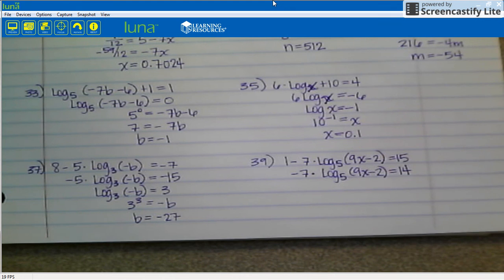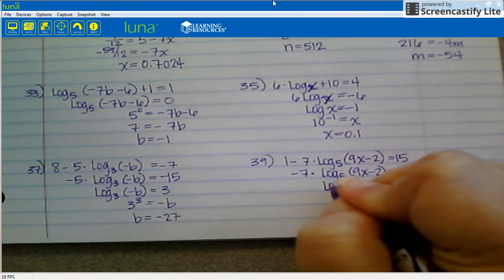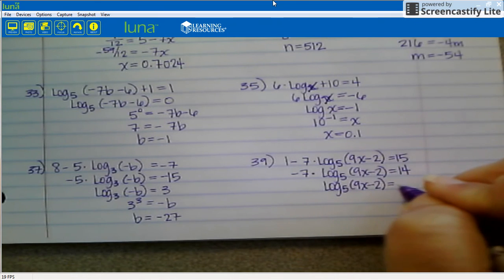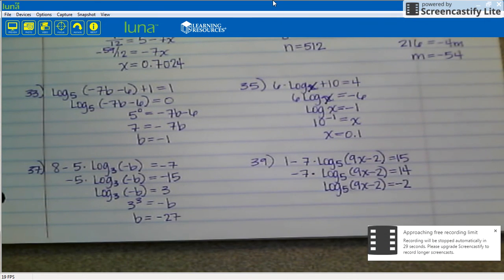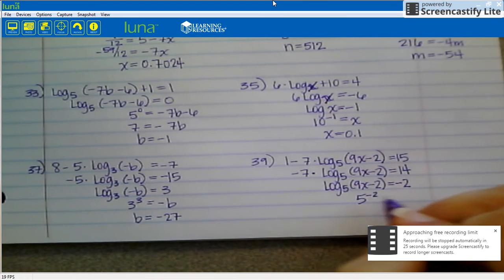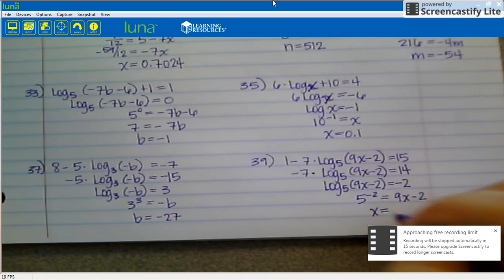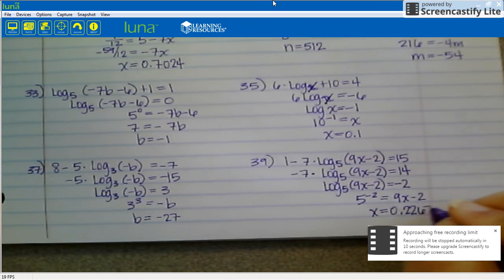And I divide both sides by negative 7, so log base 5 of 9x minus 2 is equal to negative 2. So from here, I exponentiate. 5 to the negative second power is equal to 9x minus 2. And then I add 2 and divide by 9 to end up with x is equal to 0.2267.